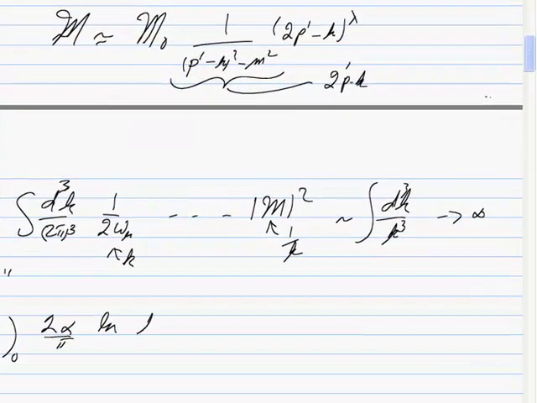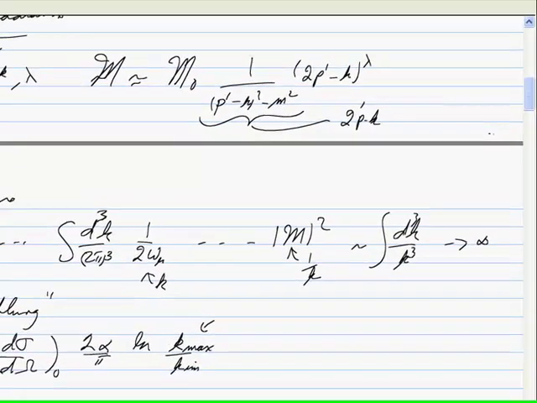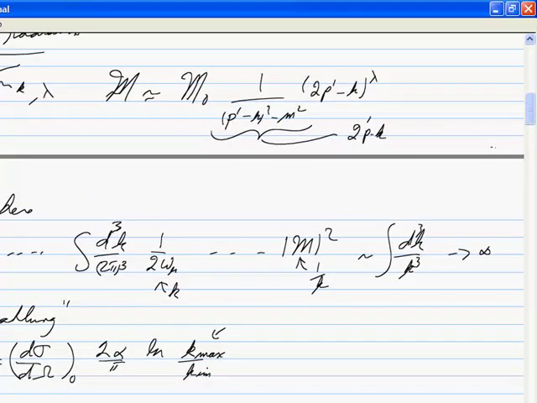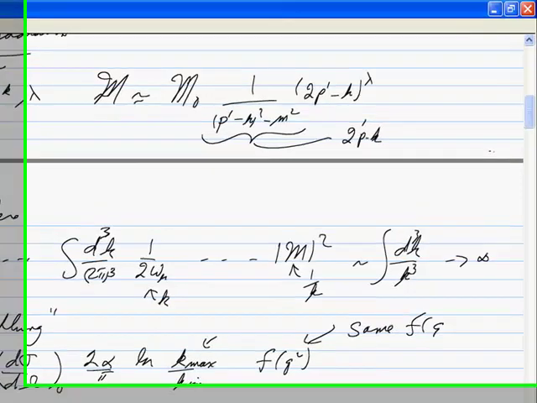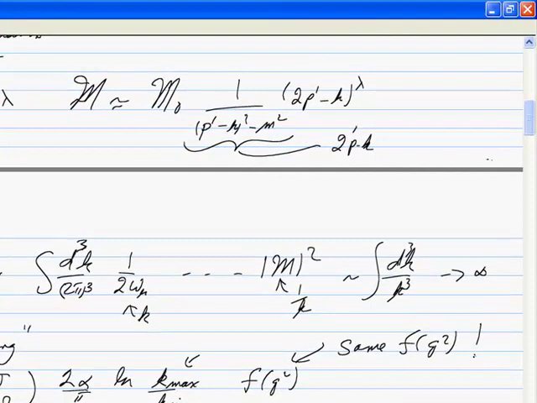Well, let's cut it off at some k maximum and k minimum. I have this integral to do, and there's some place where in fact this approximation of this being 1 over k fails. That's k maximum. K maximum is pretty irrelevant for what we're about to do. But then comes f of q squared, and it's the same one. And that's a bit of a miracle, but it always works.